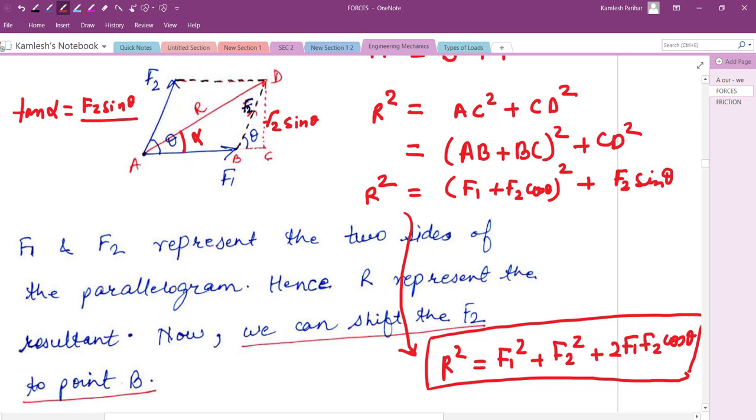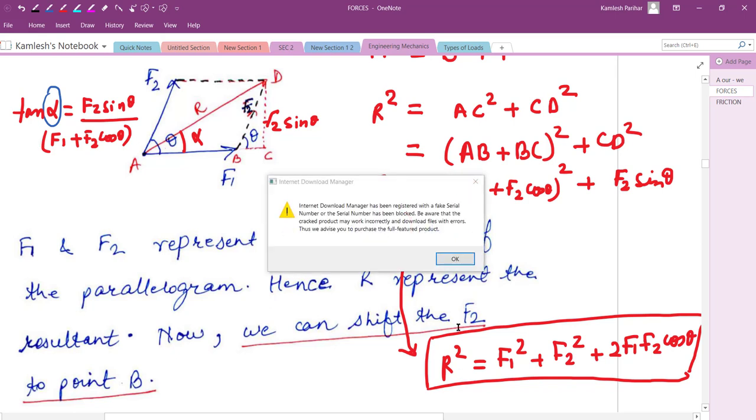AB is F1 and BC is F2 cos theta. So tan alpha equals F2 sin theta upon F1 plus F2 cos theta. In this way we can find alpha, which is the tan inverse of this. So this is the parallelogram law of forces, and the final formula that we derive from this parallelogram law of forces is what?